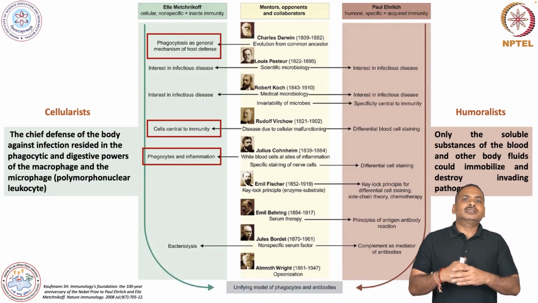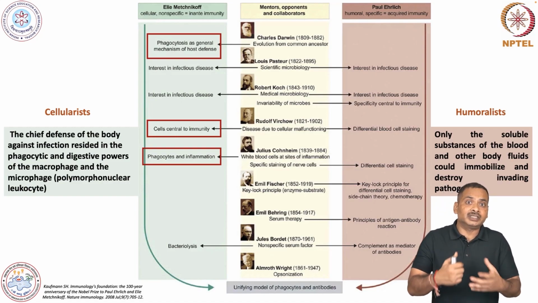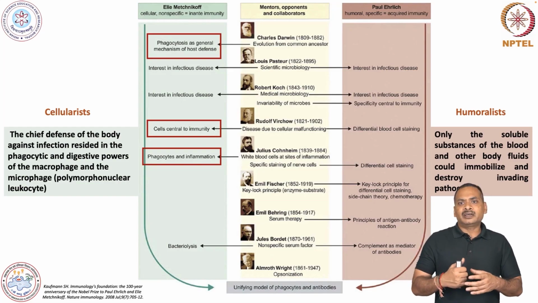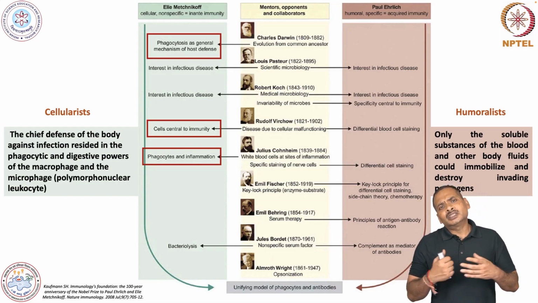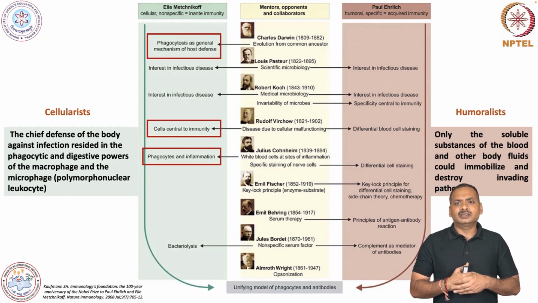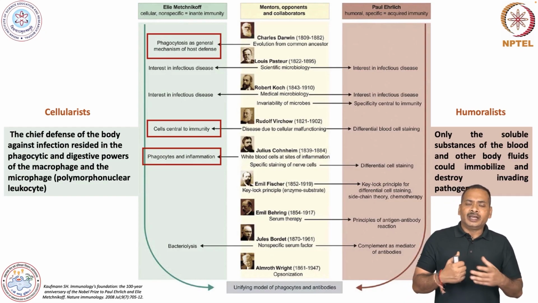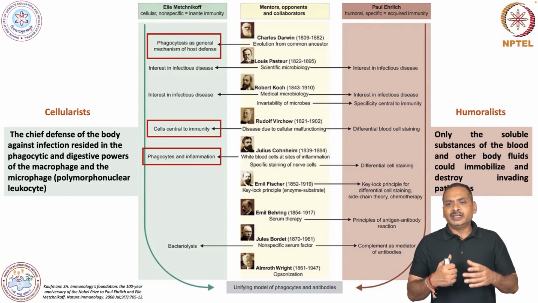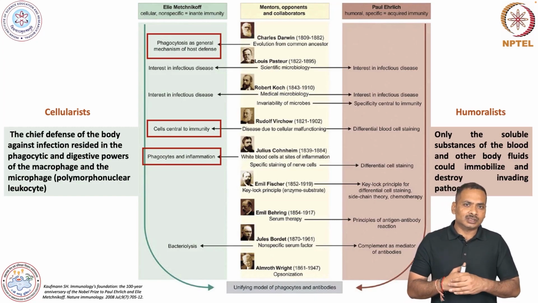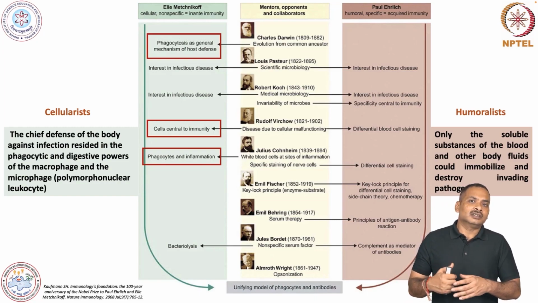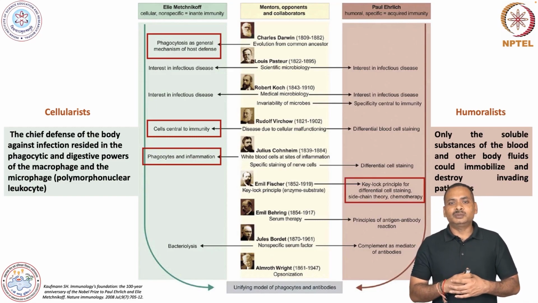This school of thought was basically initiated by Paul Ehrlich, and he showed that there is some soluble substance present in the blood and other body fluids. They basically destroy the invading pathogen. So this was his concept, and there are several supporters of his concept.